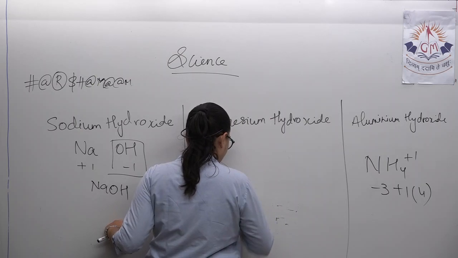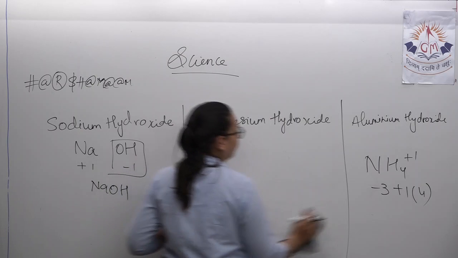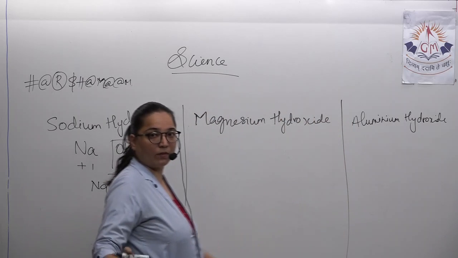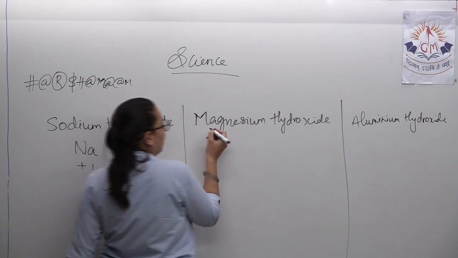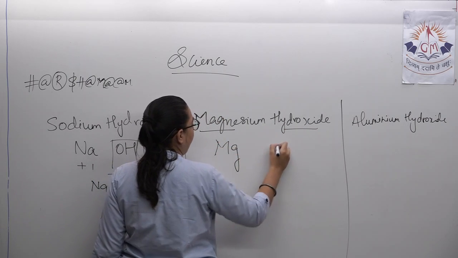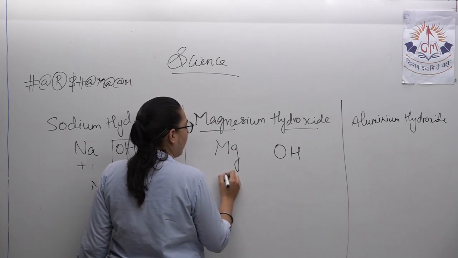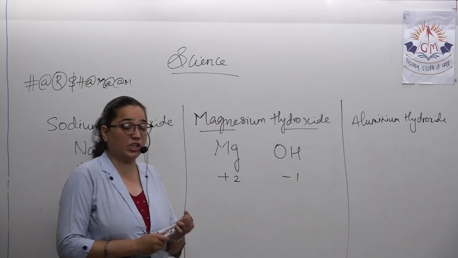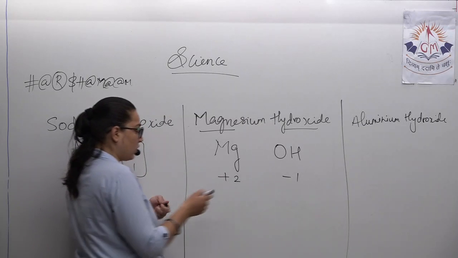Now coming back to our session. Magnesium hydroxide. Magnesium Mg, hydroxide OH, plus 2 minus 1. Now how to write Mg1 and OH2? But generally what do students do?